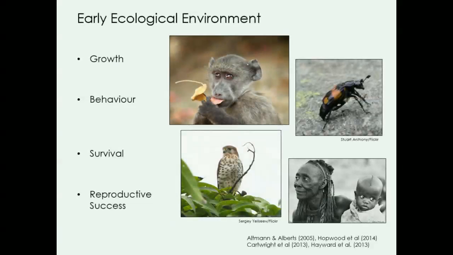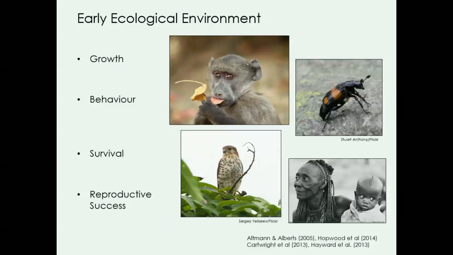And if we think about it in a slightly more serious way, there's now quite a plethora of studies illustrating the importance of the ecological conditions you experience in early life on a whole suite of aspects. So on growth, we know that baboons grow faster when they have a more favorable early life.